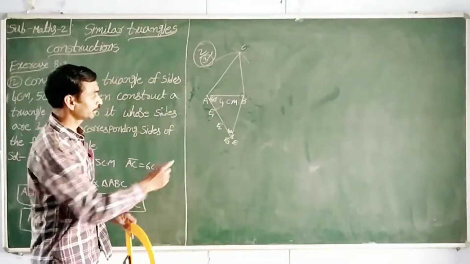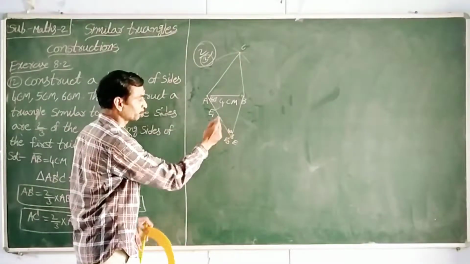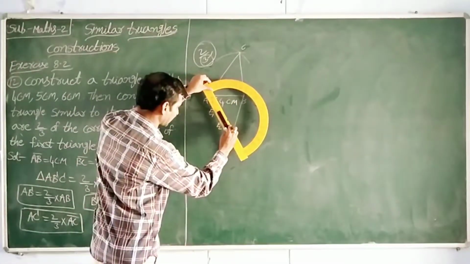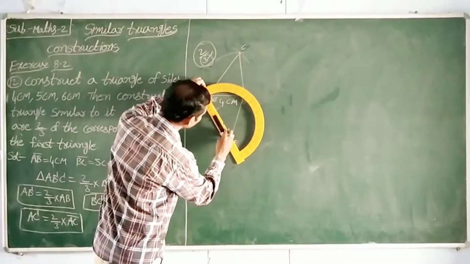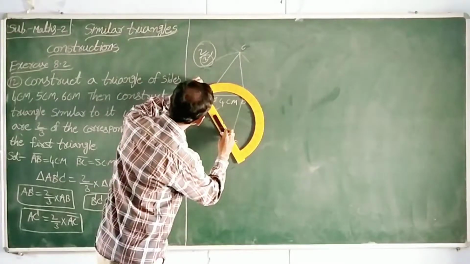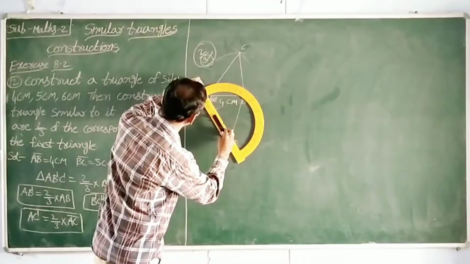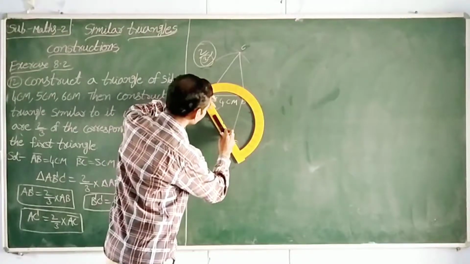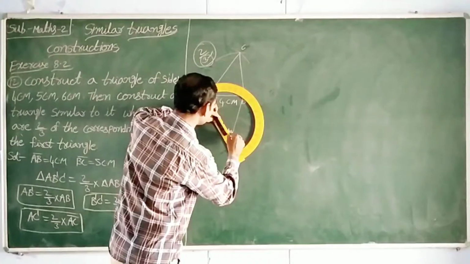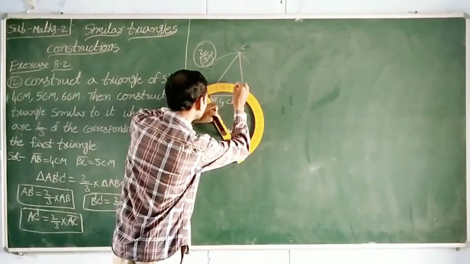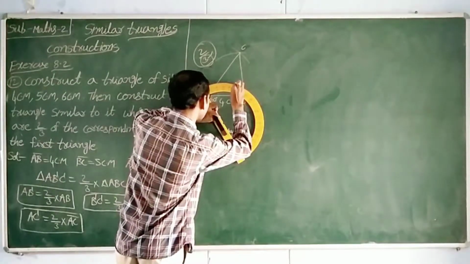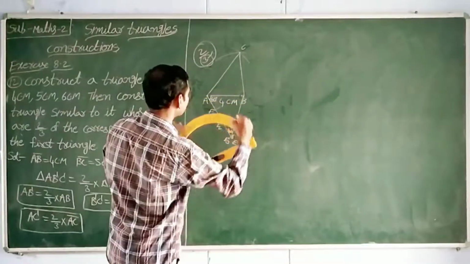After that, take the same angle at E2. Again keep the protractor midpoint at E2, with the AE line on 0 degrees. How much angle? Same angle, 48 degrees. Join that line.